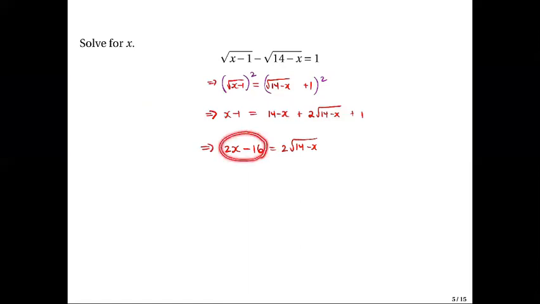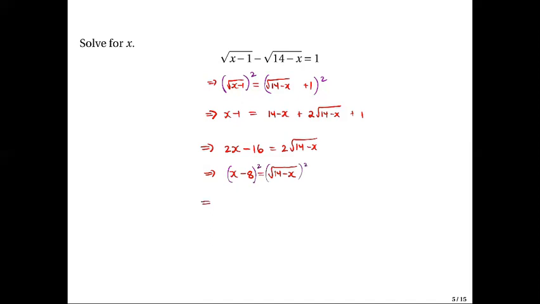This side is divisible by 2. You have 2x, you have 16. You can factor out the 2. So if we divide everything by 2, we'll be able to get rid of this. We'll just have x minus 8 equals square root of 14 minus x. And then same process, we square this again, we square this again.